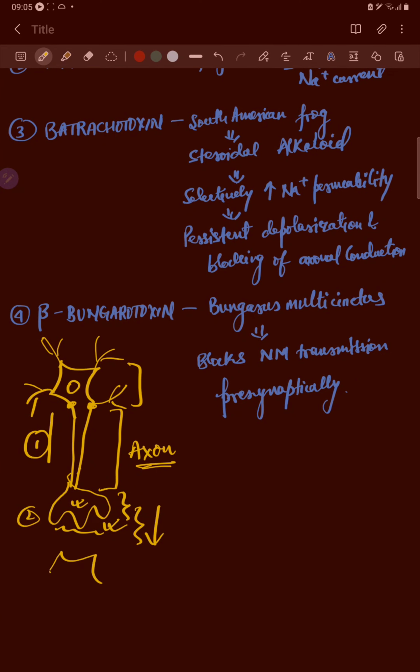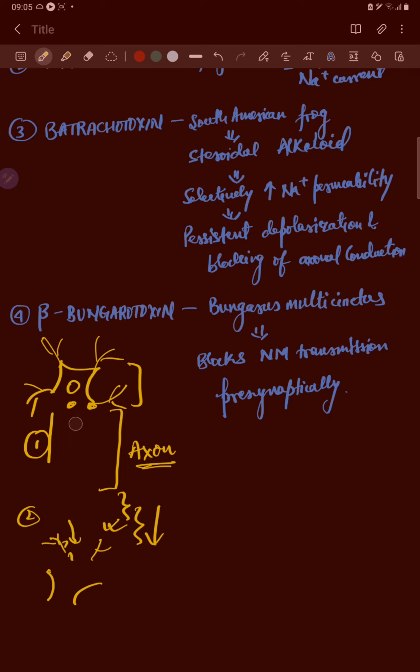So there will be another neuron, and here are the receptors, and the neurotransmitters will be released, and some effect will be produced, right?